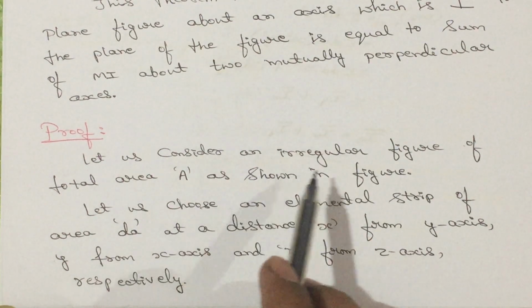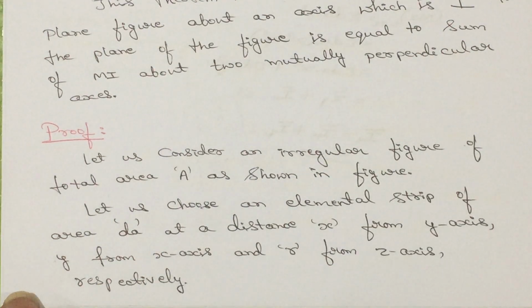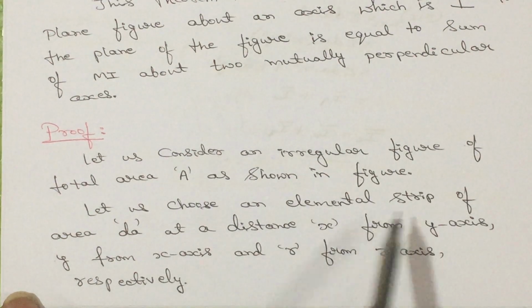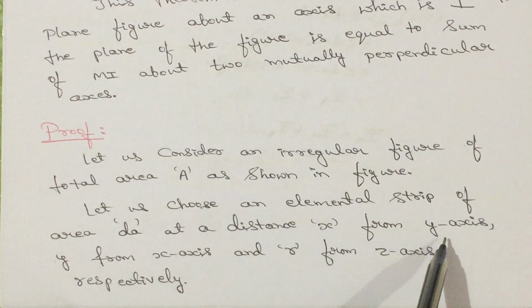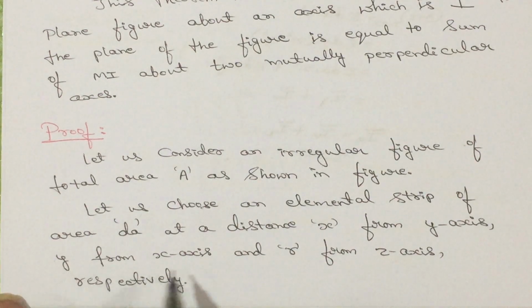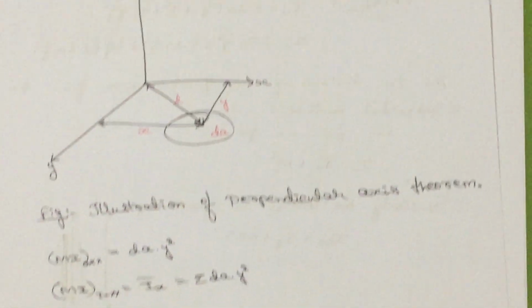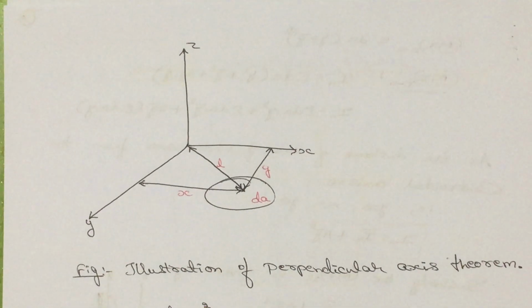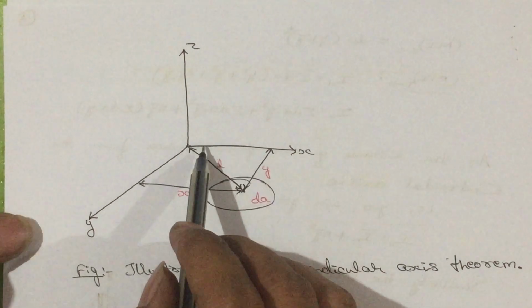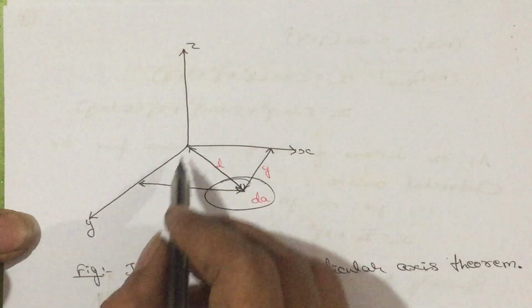Proof. Let us consider an irregular figure of total area A as shown in the figure. Then let us choose an elemental strip of area dA at a distance x from the y axis, y from the x axis and r from the z axis respectively. Here we have the x axis, y axis and z axis.